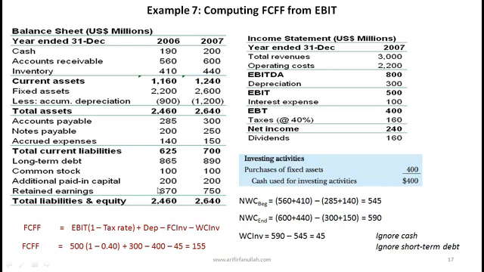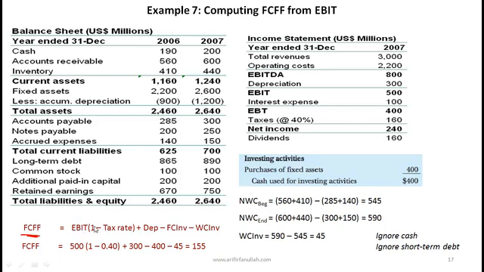Okay, what I want you to do is come up with, so for 2007, actually I've sort of done this for you. We want to come up with the free cash flow to firm starting with EBIT.